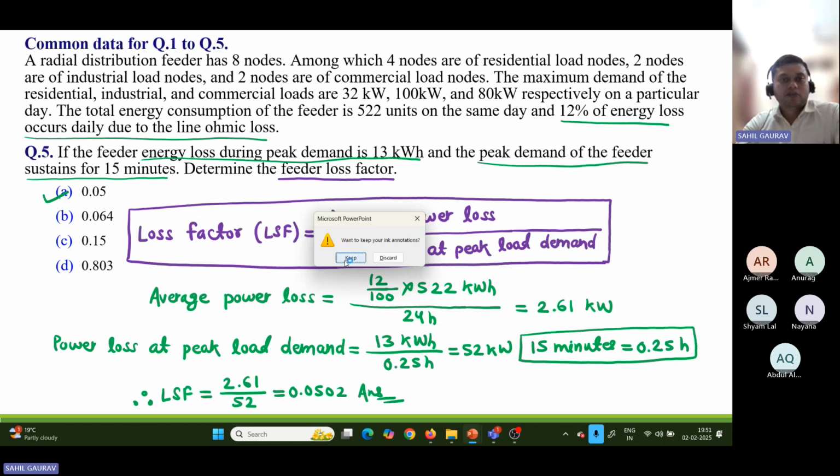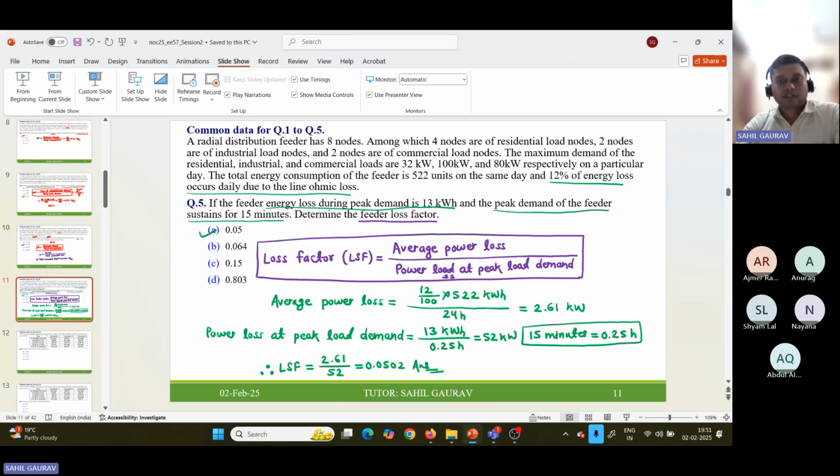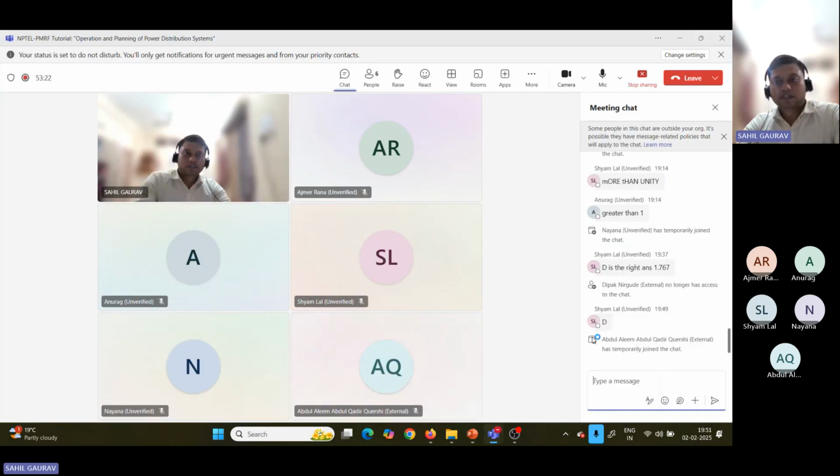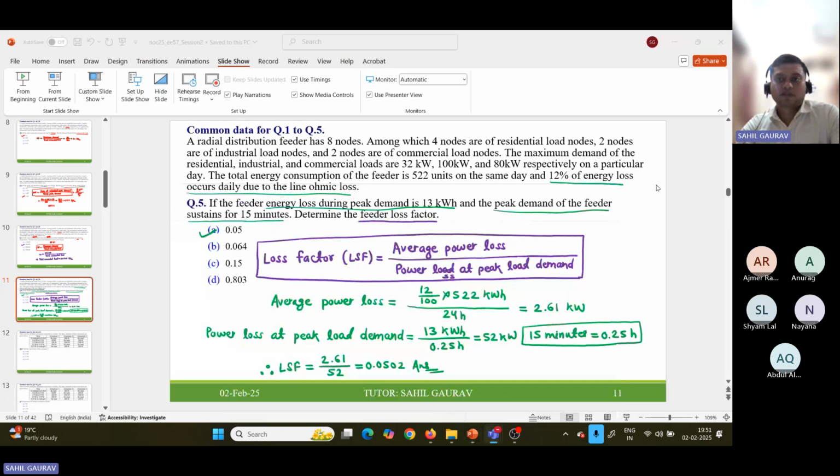So the first part of this tutorial 2 is completed. I think one of you responded. Yes, D. Sorry, D is not the correct answer. Syam, it is 0.05. So you can see how I have found this loss factor.